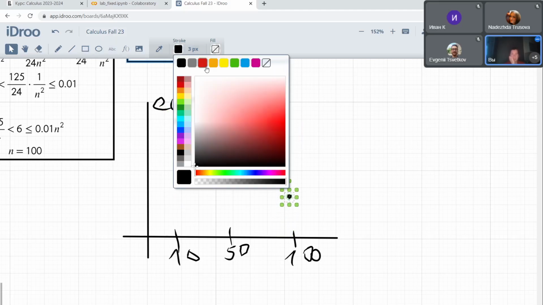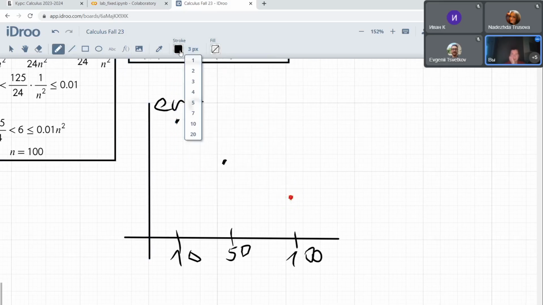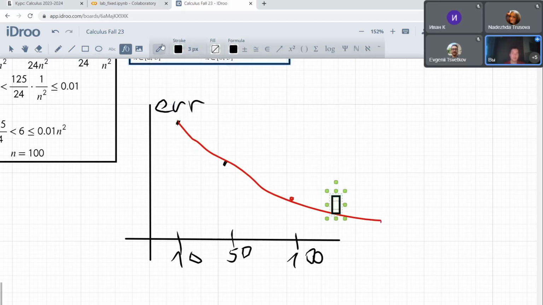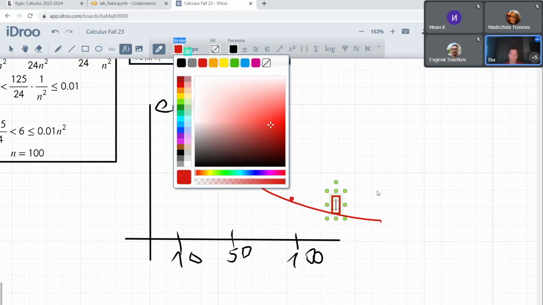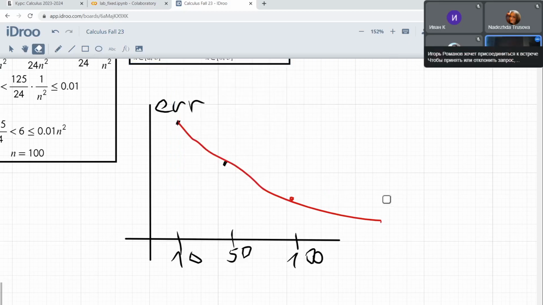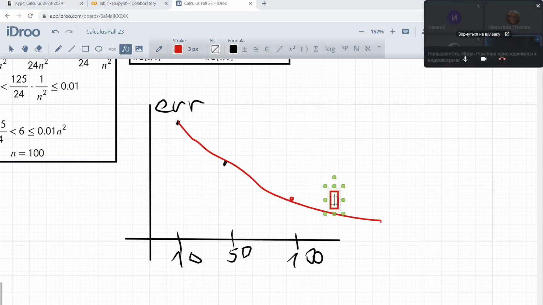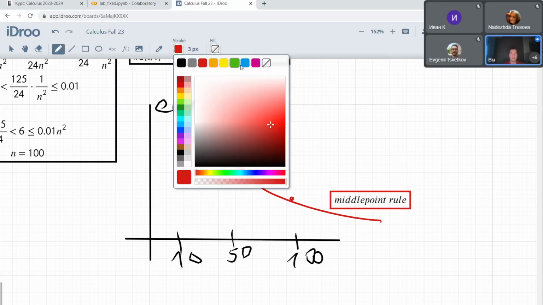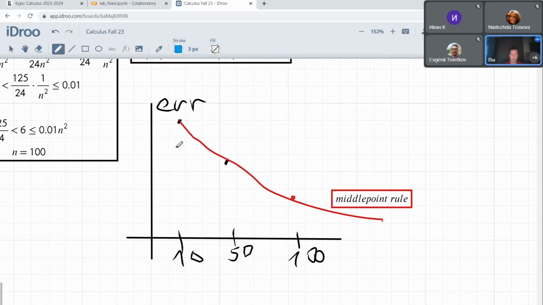I don't know, you will have something like this for the middle point rule. Oh, well, people still want to join us. And maybe you will have something like this one.